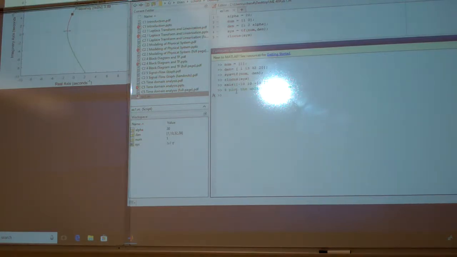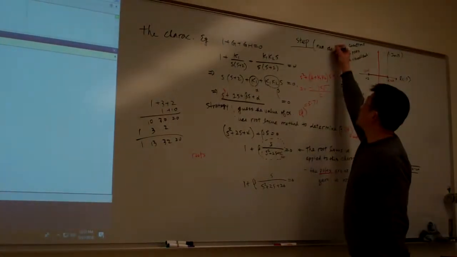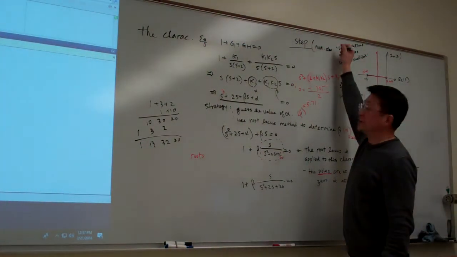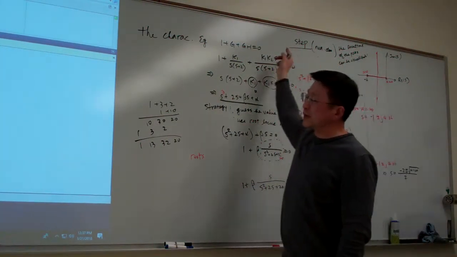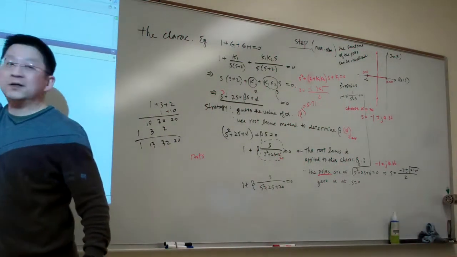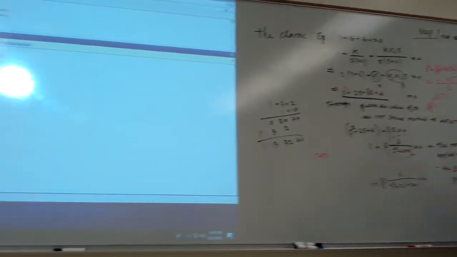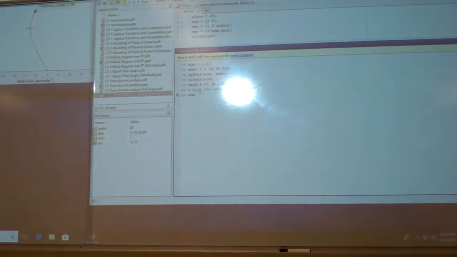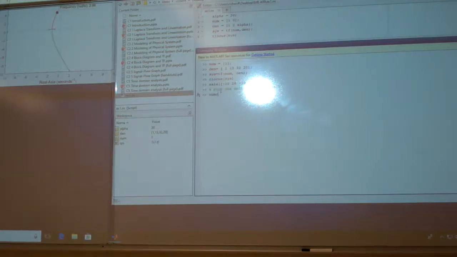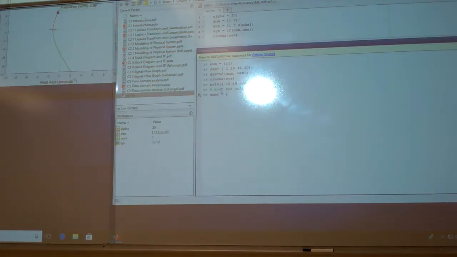The step command takes the numerator of the closed loop function and the denominator of the closed loop function. This numerator and denominator are different from the open loop ones. Let me emphasize, C means closed loop.